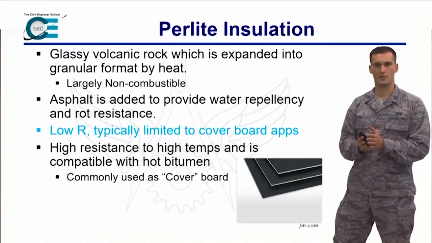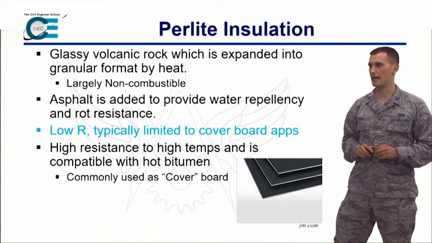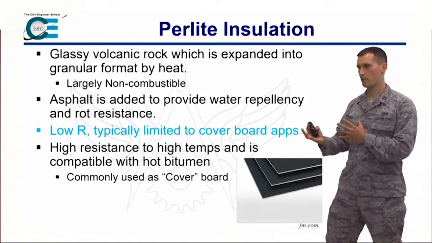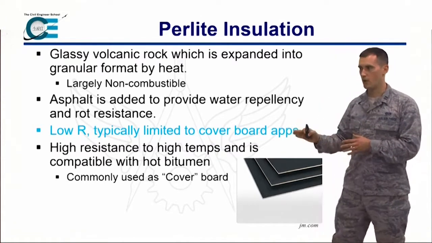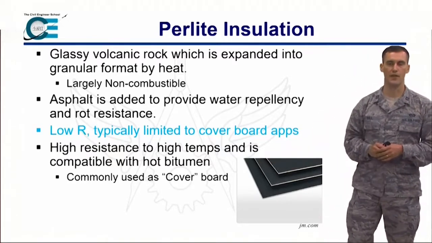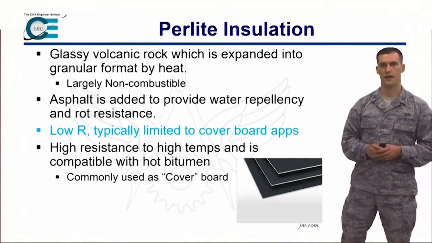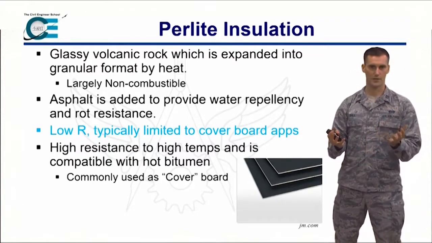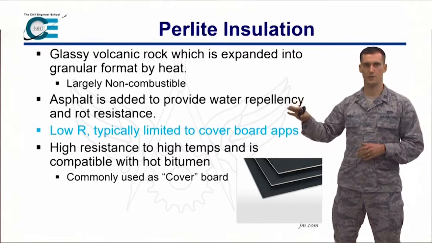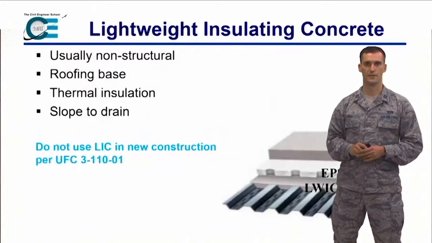We can install them right on the cover board and make it kind of a combined insulation type, or we can purchase them separately. So low R value, but high resistance to temperatures, better than our insulation on its own. So coupling these together is what allows us to get the benefit, but also get the constructability, coupling the perlite insulation with like an ISO board, for instance.